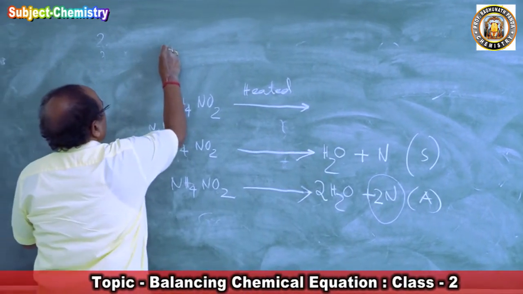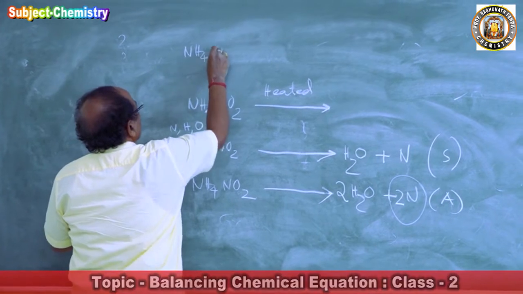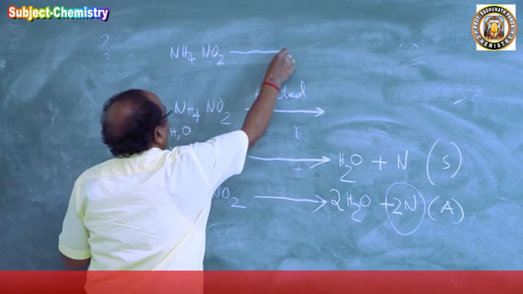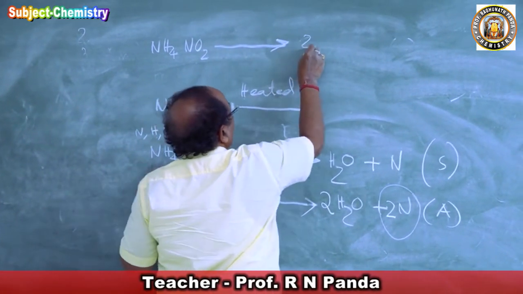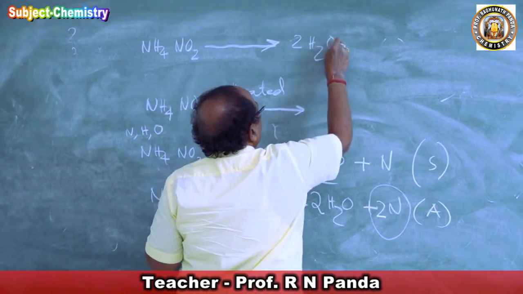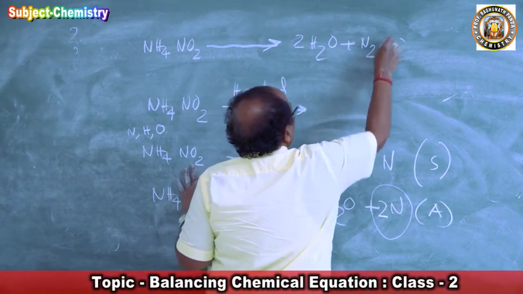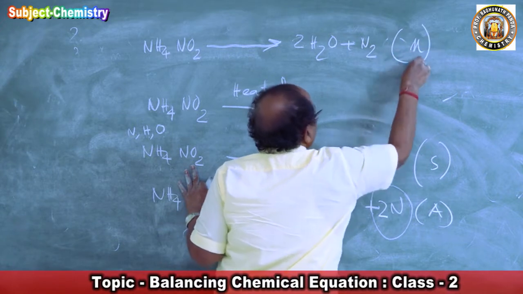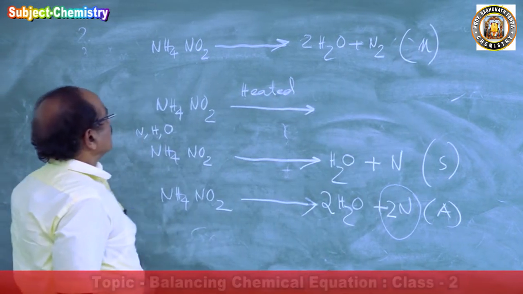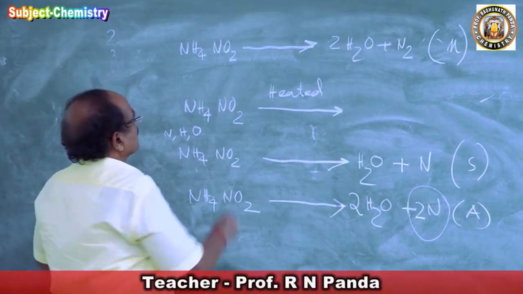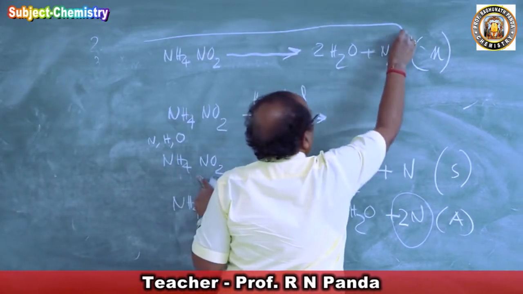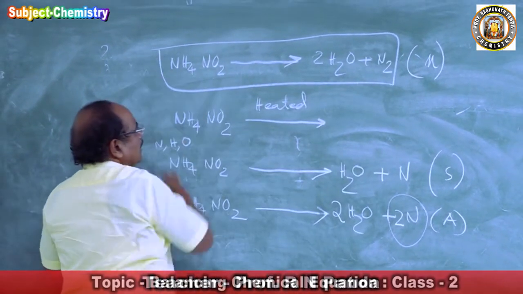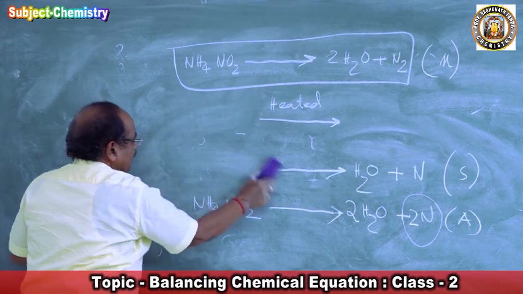So ammonium nitrite, NH4NO2, on heating will form 2 water molecules and nitrogen N2. Now this is the molecular form. Correct? So this is now a balanced chemical equation for the reaction.